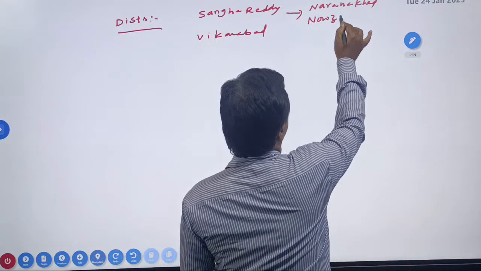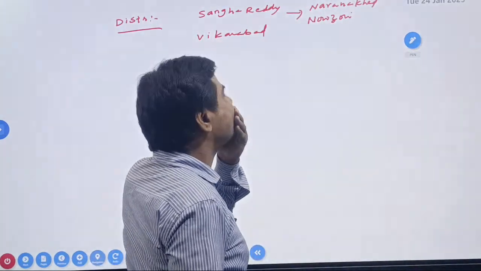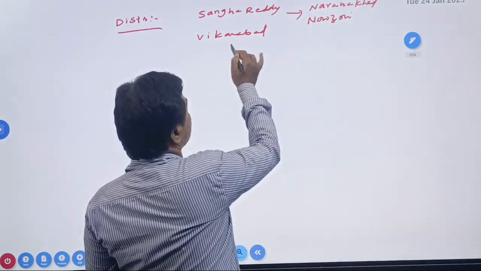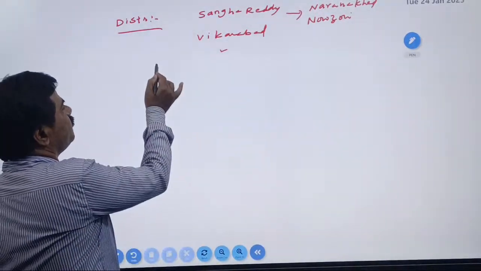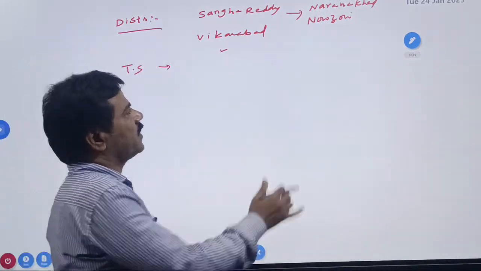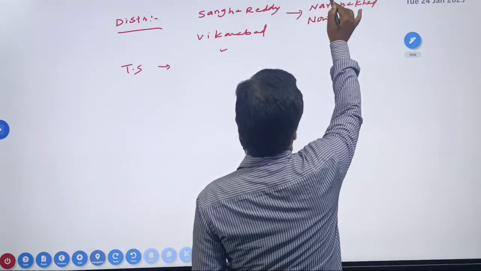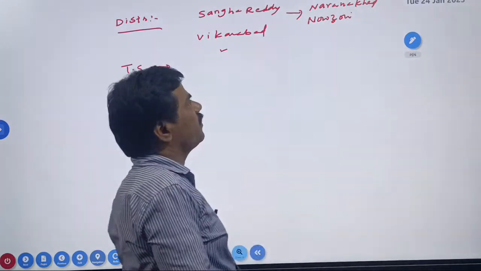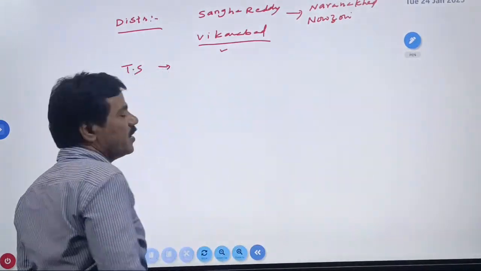Nojori is one. Vikarabad also has some of the places. So in Telangana, in Sangareddy, Zahirabad, these are the three places. In Vikarabad also there are some places.